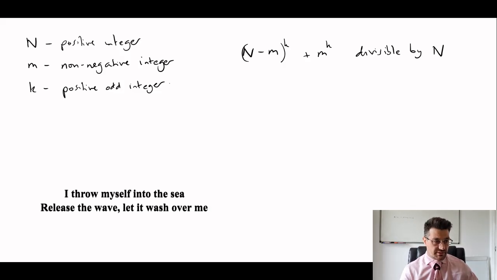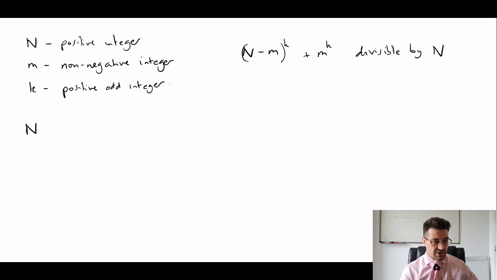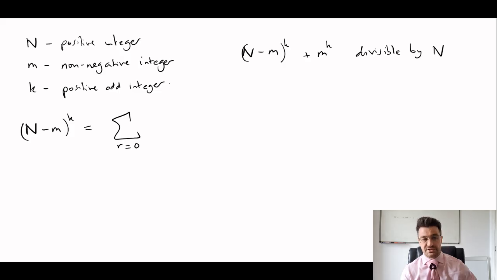So for example, the binomial expansion (n − m)^k is equal to the sum, and you can write it out using sigma notation or write it out in full, whichever. As long as it's clear to your examiner what you're doing, and obviously as long as what you're doing is correct as well, then that's all that matters.